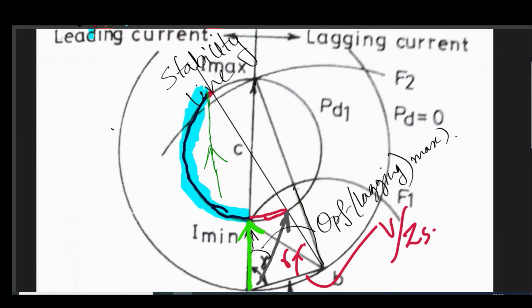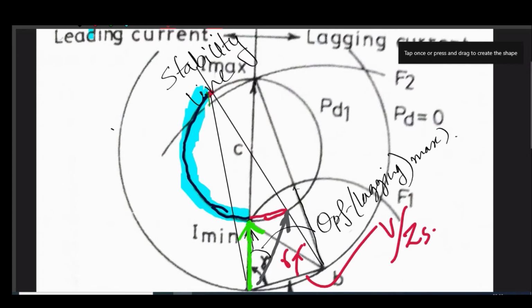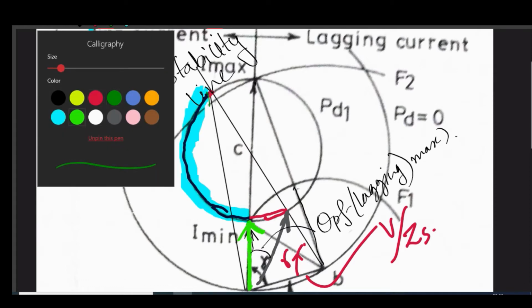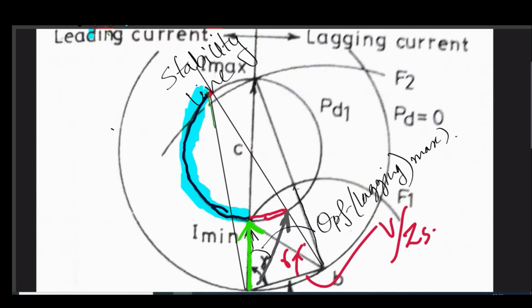This is the maximum value of current within our permissible limit, the maximum permissible current for leading load.